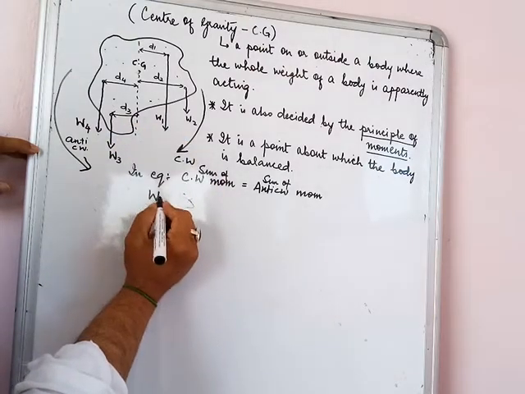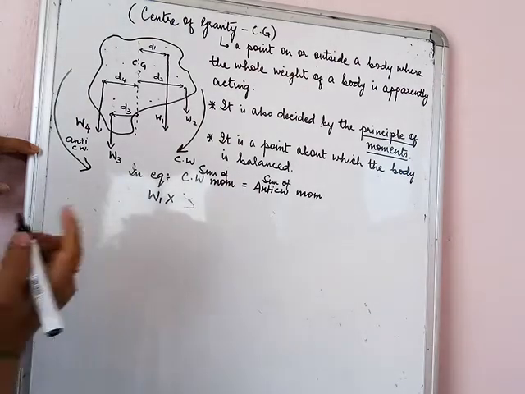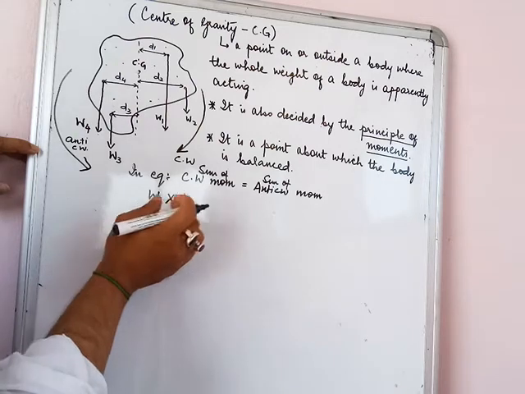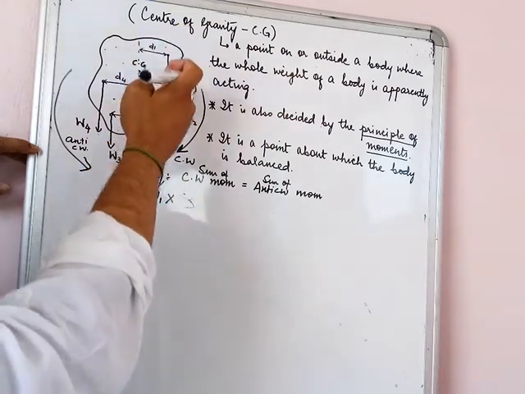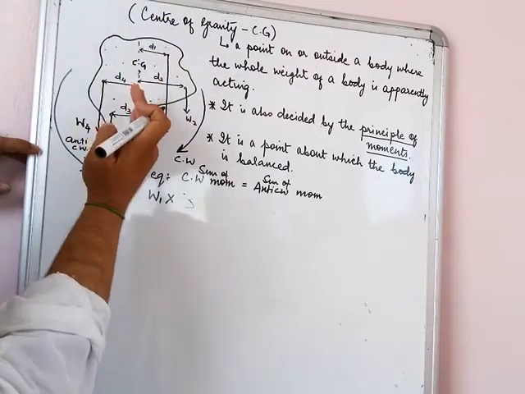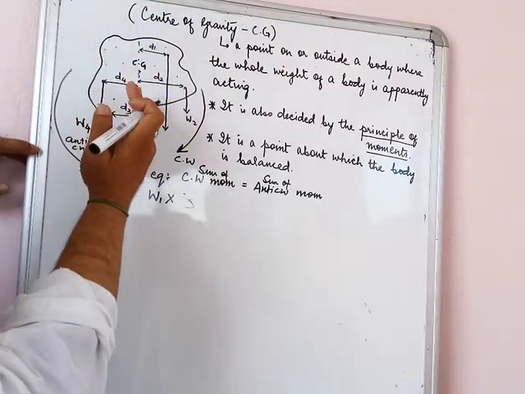W1 multiplied by, what is the formula for moment of force? Force multiplied by the distance. So this is the force acting, and what is its distance from the pivot? This is the line of the pivot, the axis of rotation.